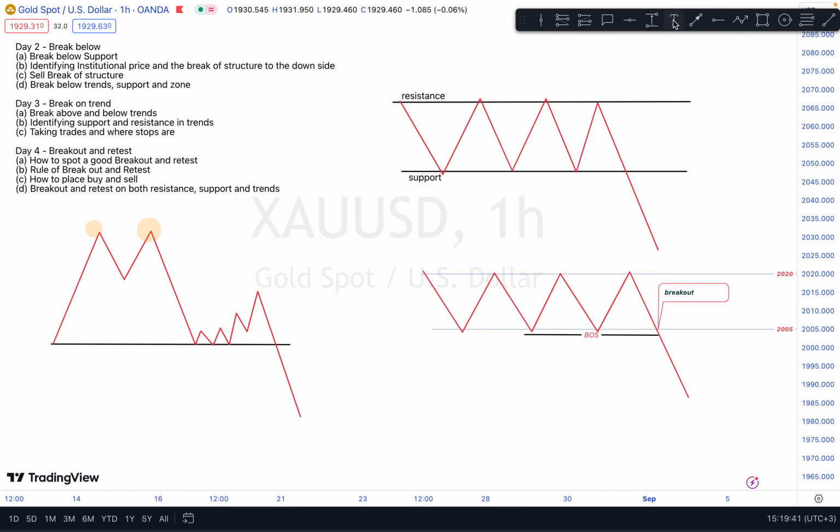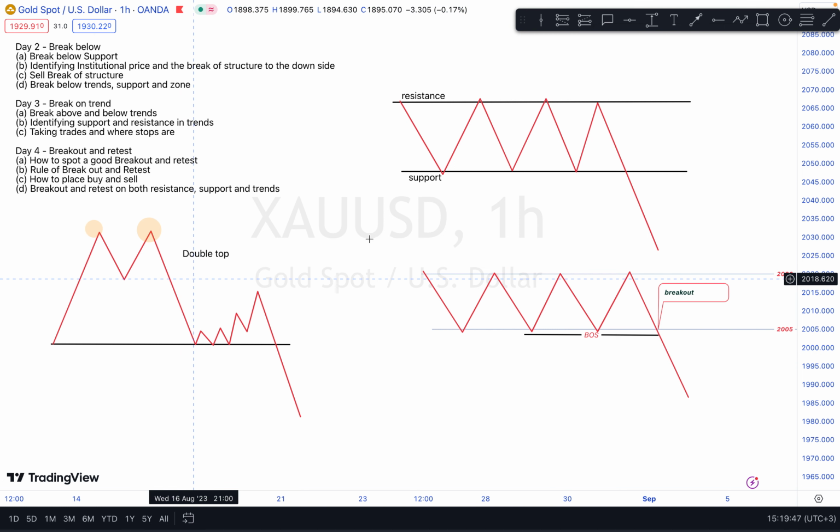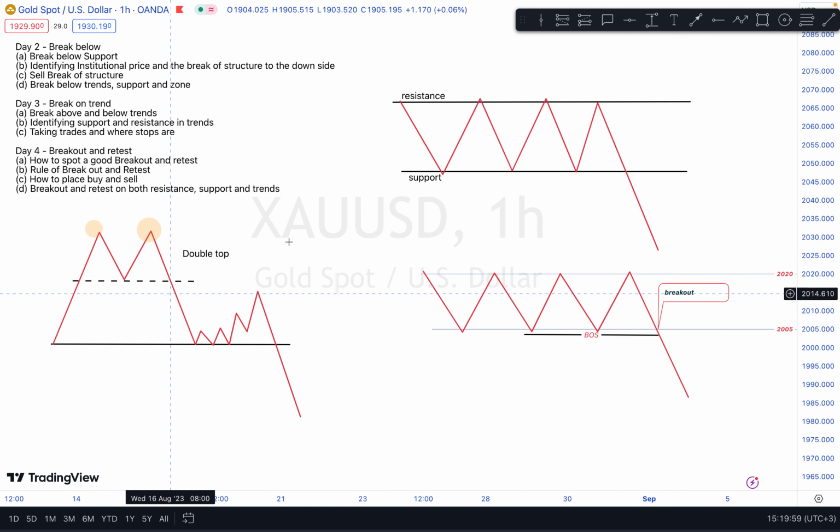I'm just giving an example of a situation where we have a double top. Now over here we have the neckline.